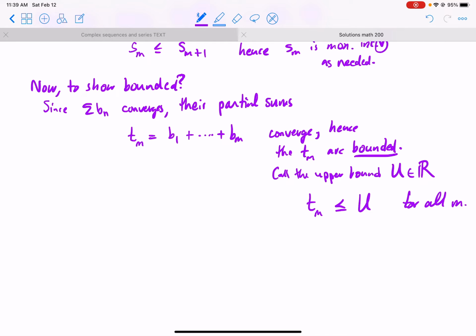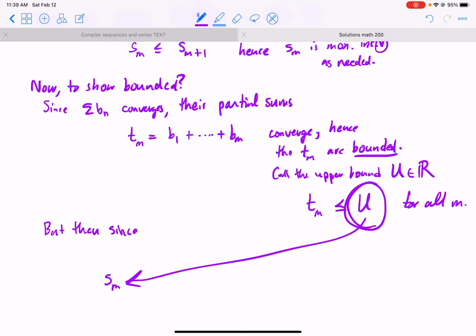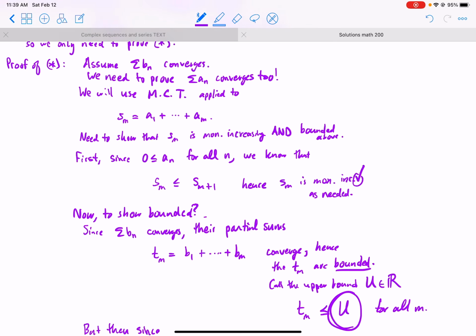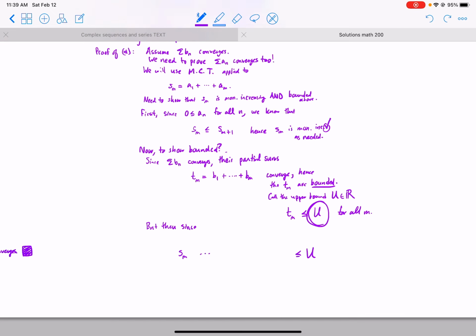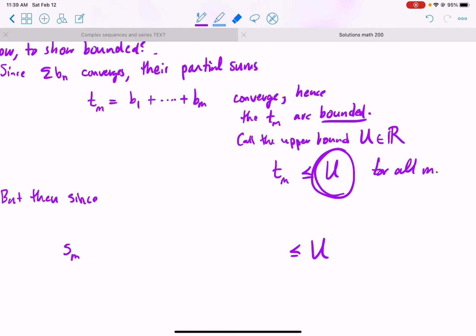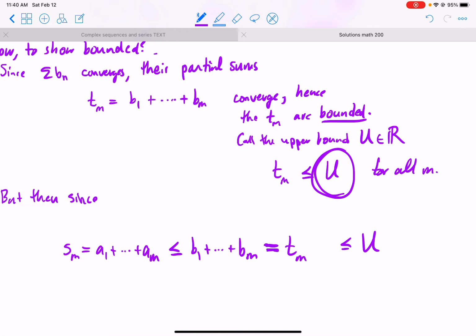Okay? But then, here's what I'm going to do. The s_m, we would like the u to be an upper bound on the s_m's as well. Okay, so we'd like s_m to be less than or equal to u. Because then we have shown that the s_m's are bounded, which is what we need. Well, what is s_m? S_m, by definition, is this partial sum. But then we have this, which is by definition t_m.